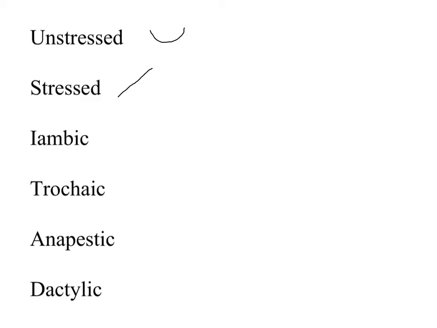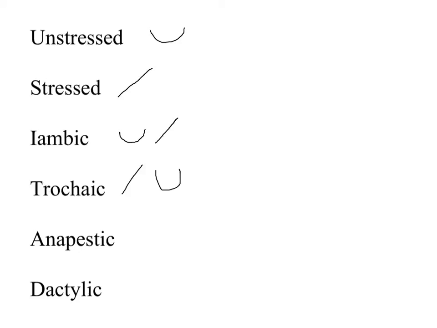Some words or sentences will be iambic, which is designated by an unstressed and a stressed. Some words are designated trochaic, and these are signified by stressed, unstressed. Other words or sentences will be anapestic. Now these are more difficult.